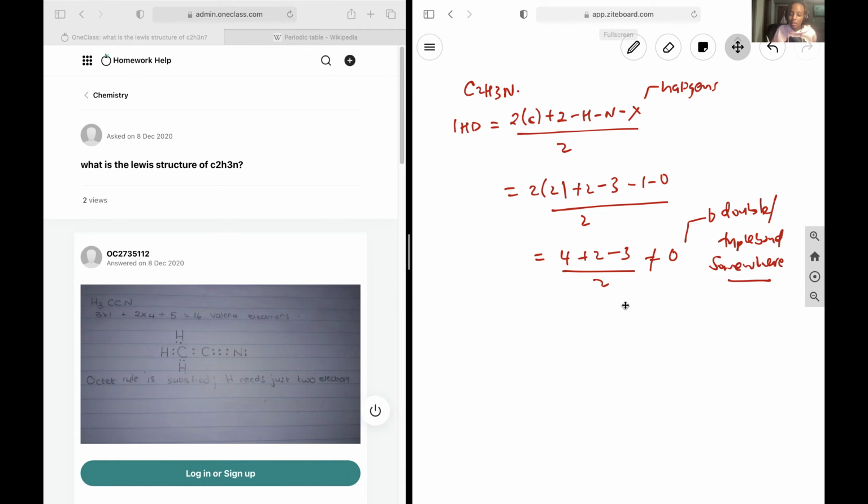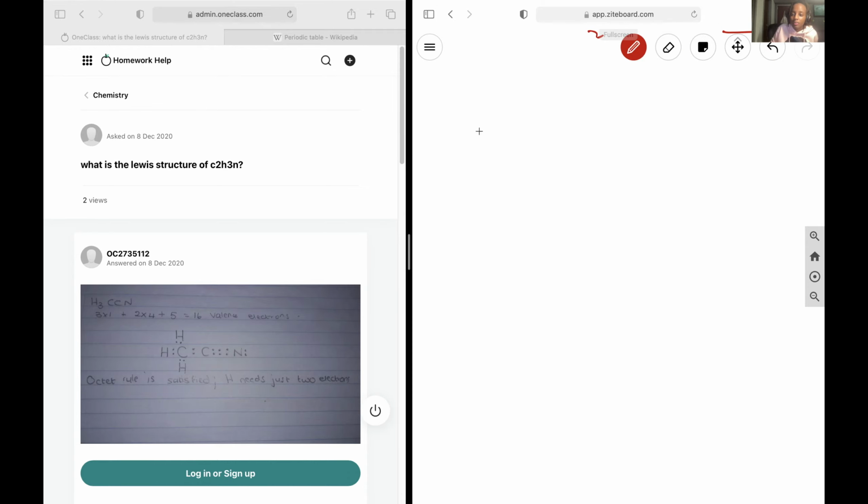So now let's, as we typically do, begin by counting valence electrons. And so from carbon we have 2 times 4, plus 3 times 1 because of the hydrogen, plus 5 because of the nitrogen. So 8 plus 3 plus 5, and that's going to give us 16 electrons that we need to figure out where to place.